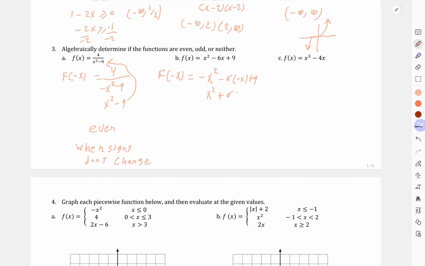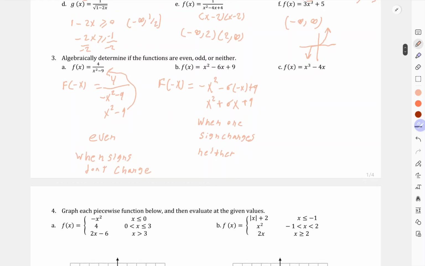So 6x plus 9. What happened here is basically that one of the signs changed. So when one sign changes, it's neither. This is a neither function, right?